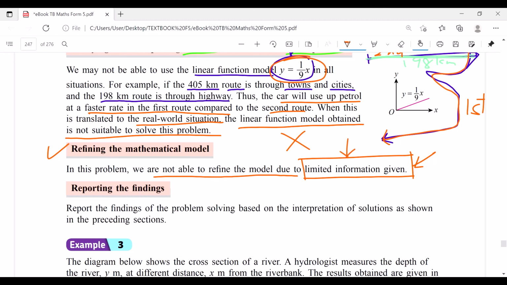And then the sixth component is you report the findings. So this statement normally will be standard. You can say, report the findings of problem solving based on the interpretation of the solution as shown in the preceding section. So you memorize this. This is the format of how to report.